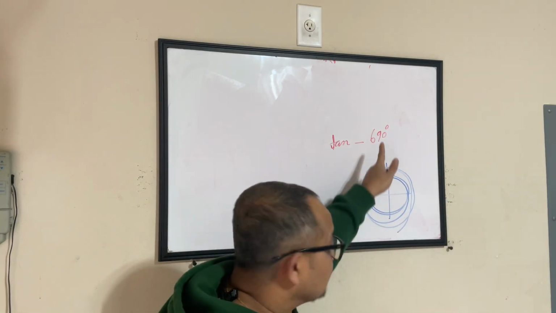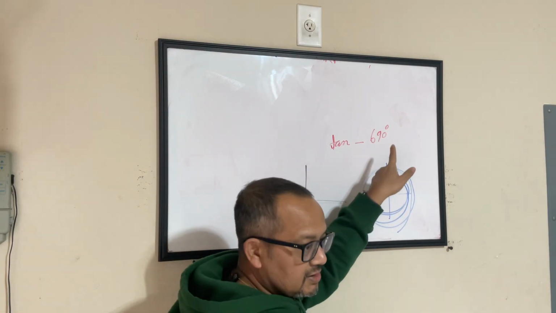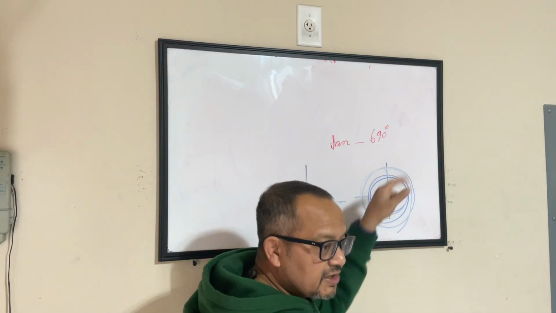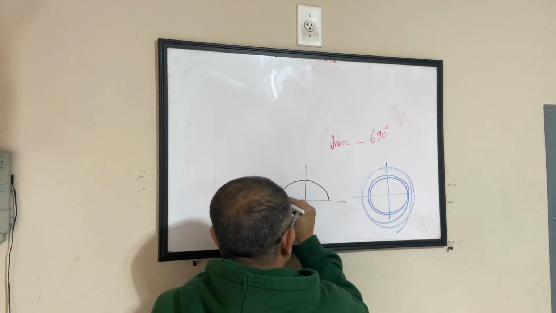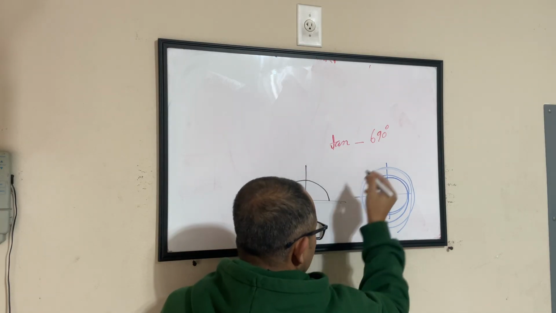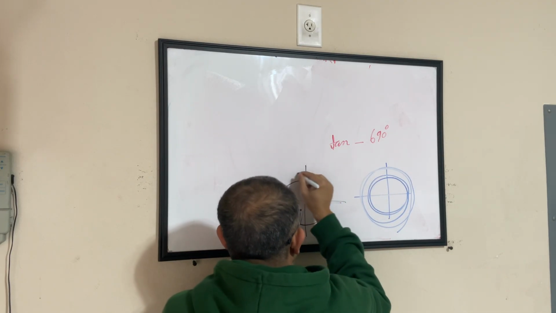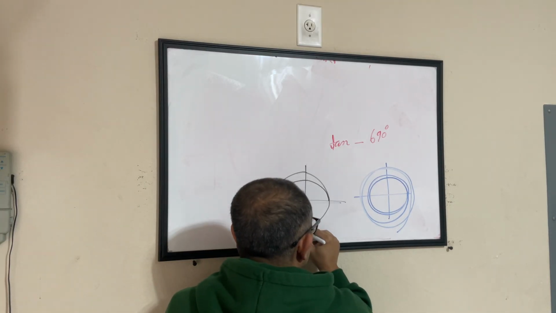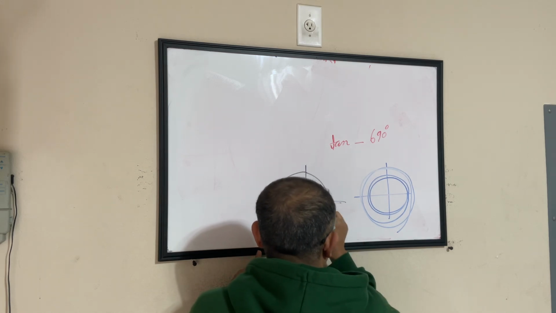So if I am talking about 690, if I don't take positive or negative into account, what happens? 90 plus 90 plus 90, as you said, 7 times. So 3, 4, 5, 6, 7. 7 times 90 is 630. And then the other 60. I am coming to this point. Okay, this is 60.